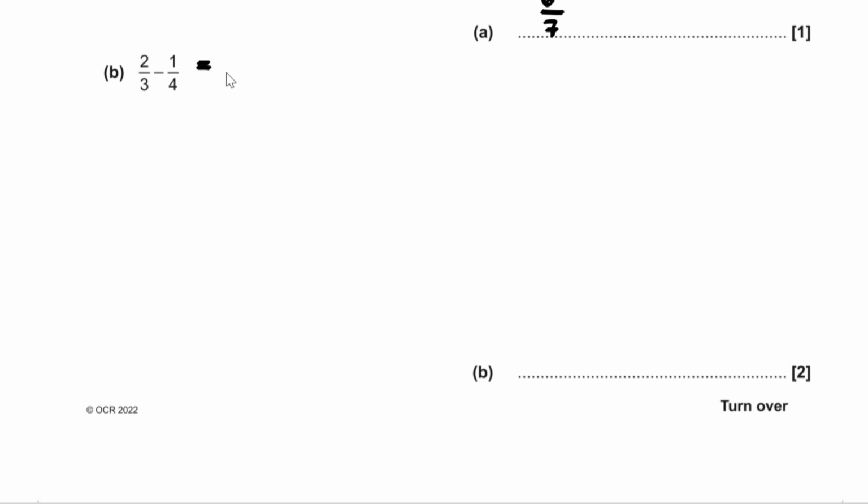We can rewrite these fractions so they are over 12. 2/3 is the same as 8/12, and then we subtract 1/4, which is the same as 3/12. So 8 subtract 3 on the numerator is 5, and on the denominator we have 12, so we end up with 5/12.